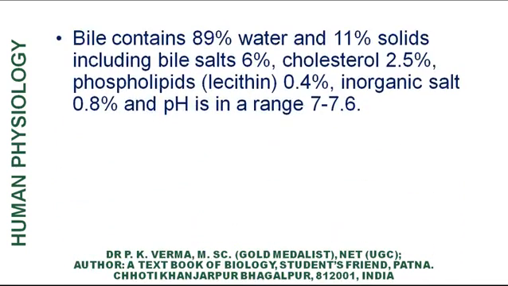Bile contains 89% water and 11% solid, including bile salt 6%, cholesterol 2.5%, phospholipids 0.4%, inorganic salt 0.8%, and the pH ranges between 7 and 7.6.